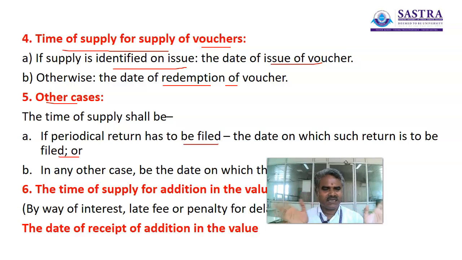You don't have proper invoices, a proper date of supply, or a proper date of receipt of money. So in this situation, the day you file the periodic return will be the time of supply.